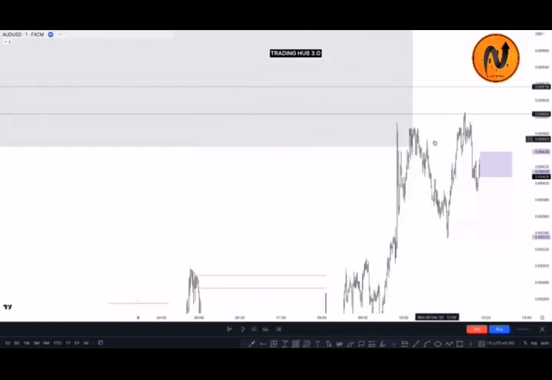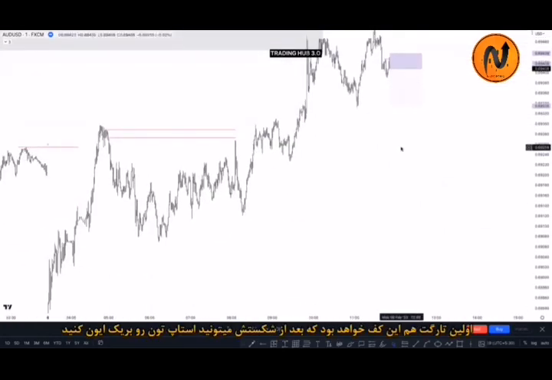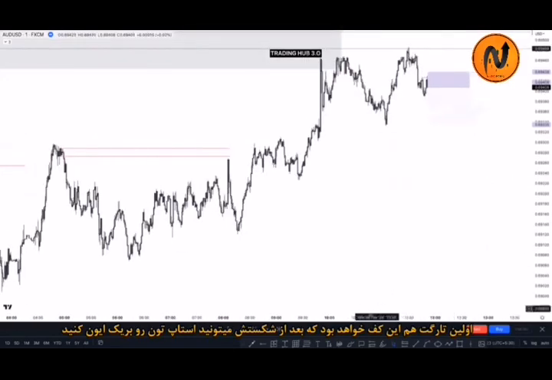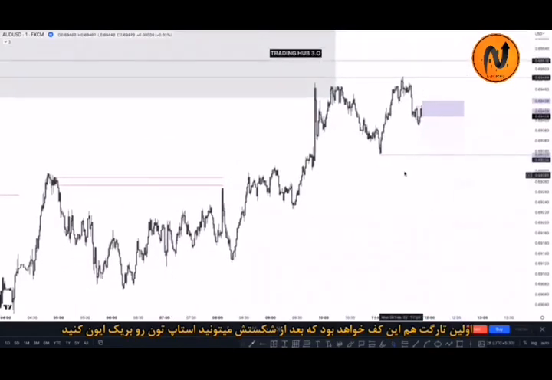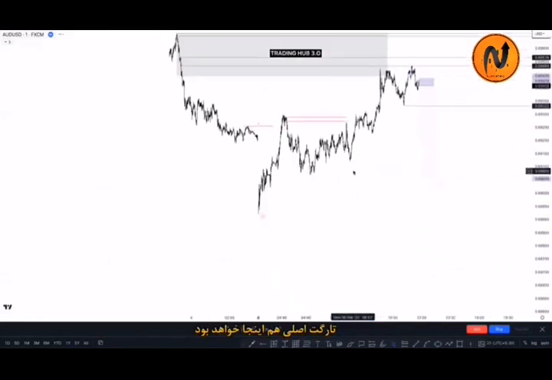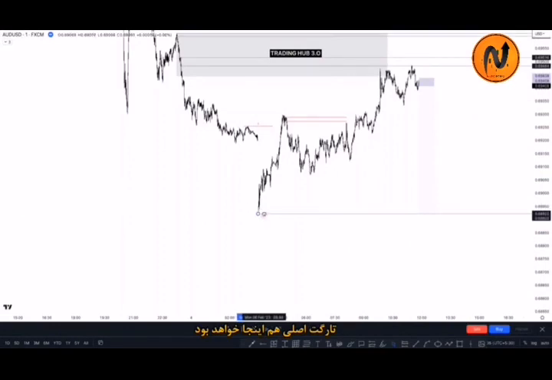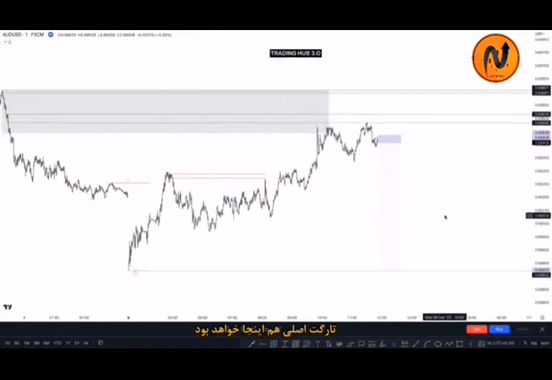And the target is the first low broken here, because this is the first structure the market broke, and you have to put your stop loss on break even, and the major target is right here.